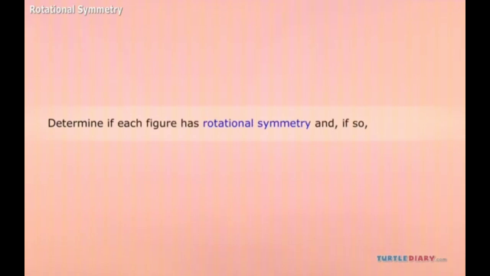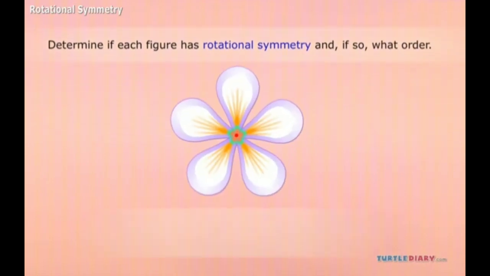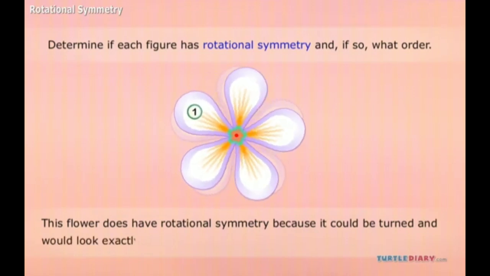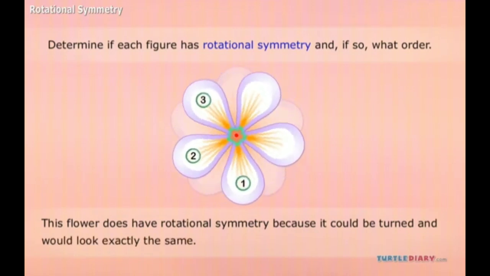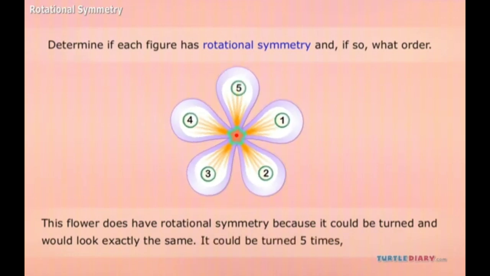Examples. Determine if each figure has rotational symmetry, and, if so, what order. This flower does have rotational symmetry because it could be turned and would look exactly the same. It could be turned 5 times, so the order is 5.